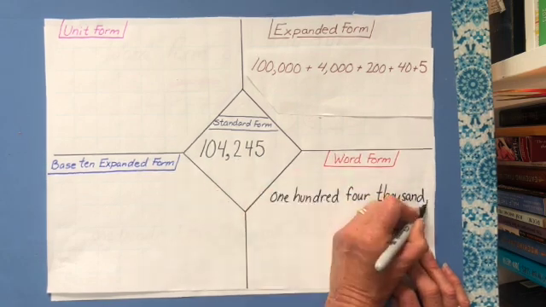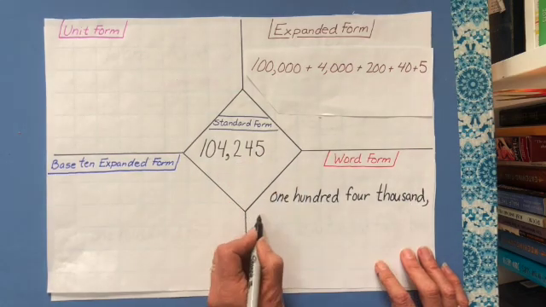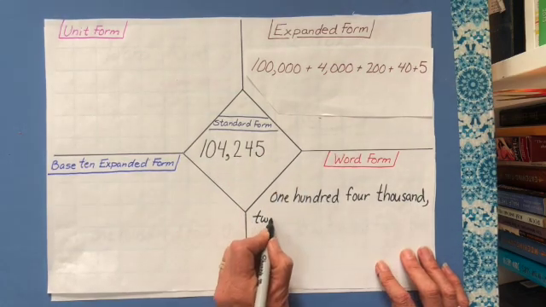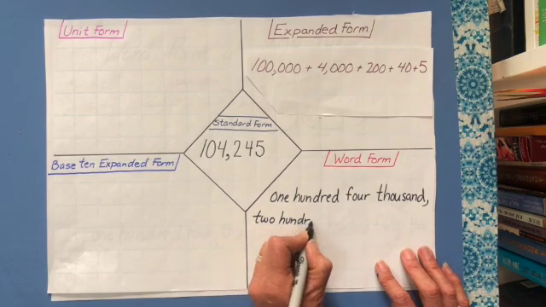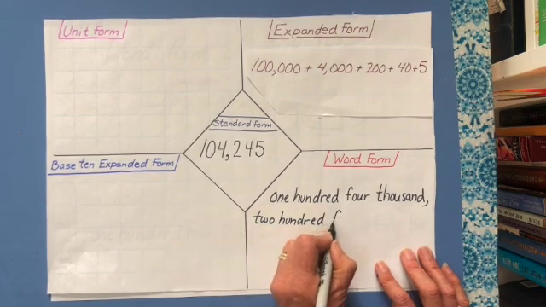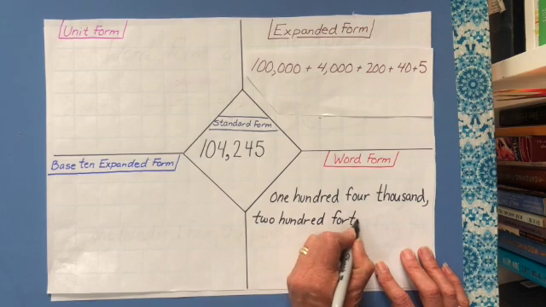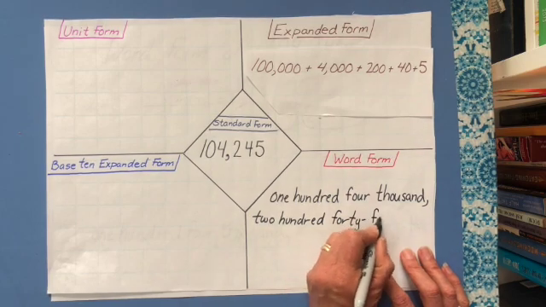The comma, then I'd write these 3 digits: 200, 40, 5.